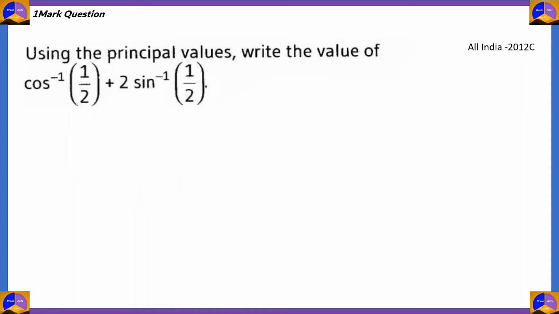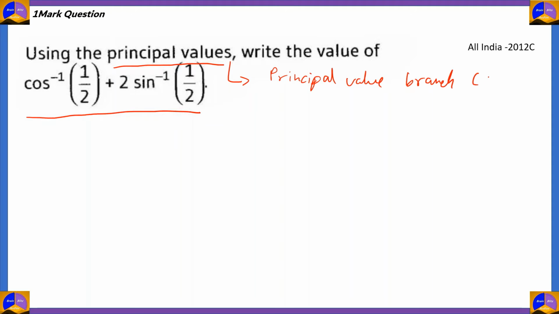Let's look at our next question. Using the principal values, write the value of cos inverse 1 by 2 plus 2 sine inverse 1 by 2. So since the question is asking us to use the principal values, it pays to know the principal value branch, which is just the domain of the function of sine inverse and cos inverse.